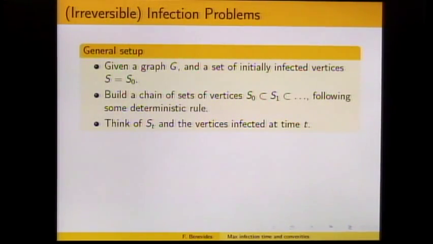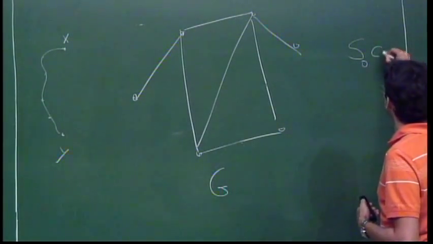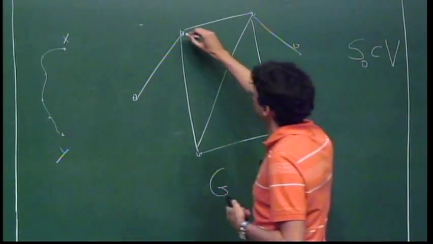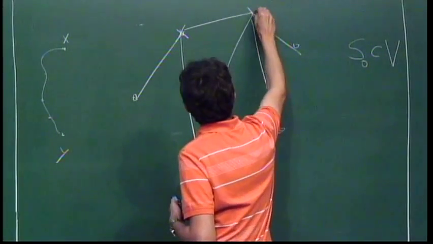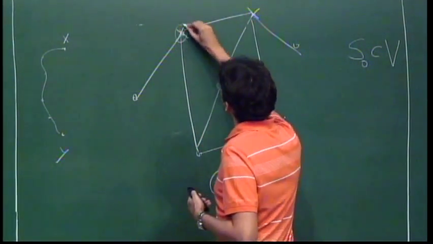Okay, so about the infection problems, what do I mean by infection problem? Again, we have some graph G, and we start with some particular set S0, which is the set of initially infected vertices, a subset of vertices. We say this guy is infected, this guy is infected, and this guy is infected.